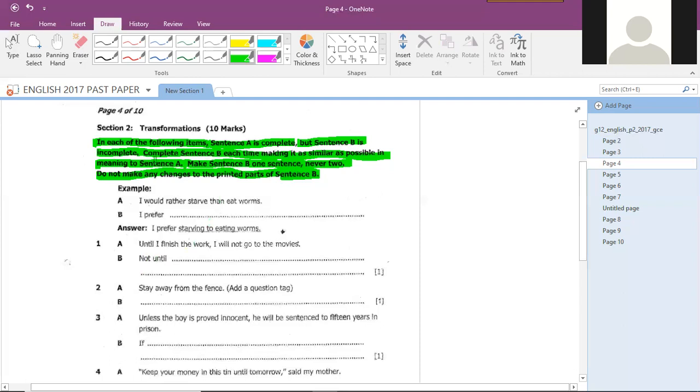And in the process as you are trying to make, because here it says complete sentence B each time making it as similar as possible in meaning to sentence A. So when they say as similar as possible, you are allowed to subtract words or add in new words, as long as it's as close or as similar in meaning as sentence A. So don't be afraid that maybe if I'm omitting words or I'm adding new words, as long as at the end of the day, it's still similar in meaning.